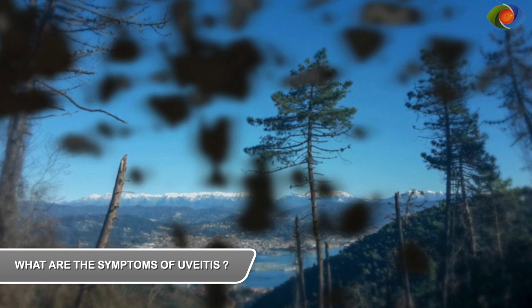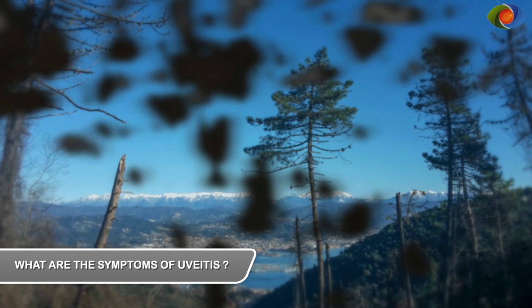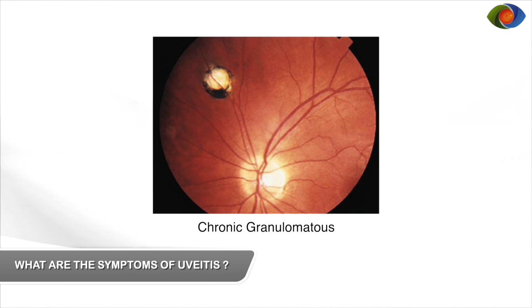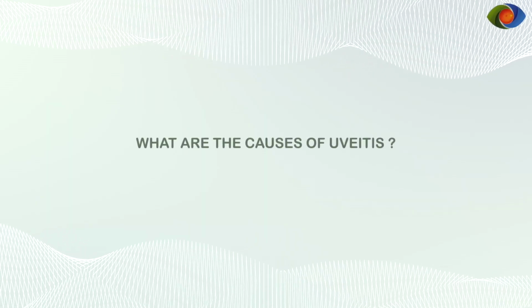There may not be much pain or photophobia when the posterior part is involved. But in some people it can be asymptomatic, as in chronic granulomatous causes. In those conditions it may be asymptomatic in the beginning, and then cause a decrease in vision later on as the complications set in.